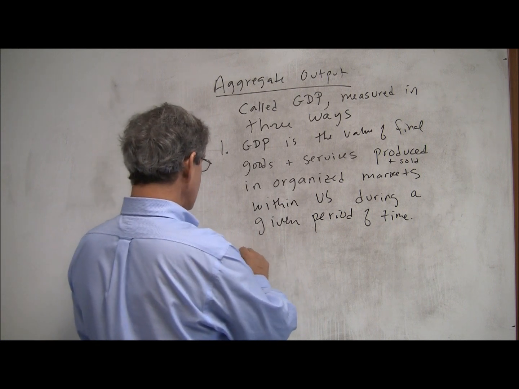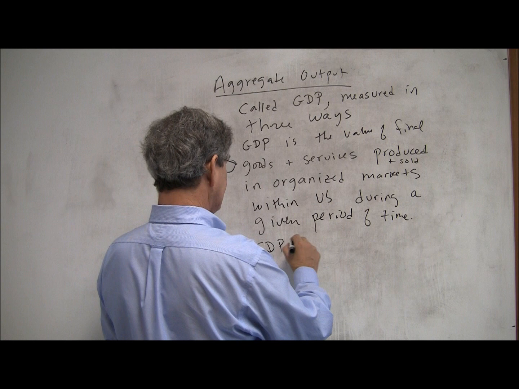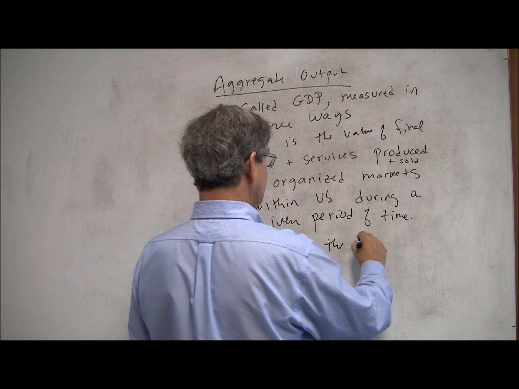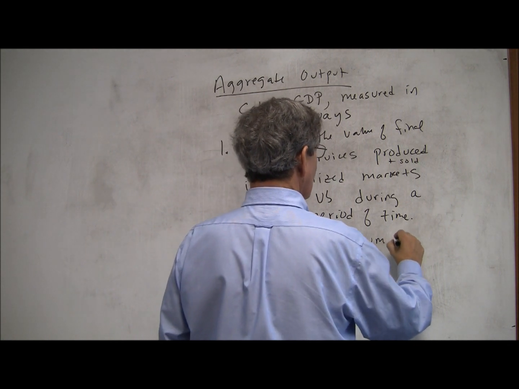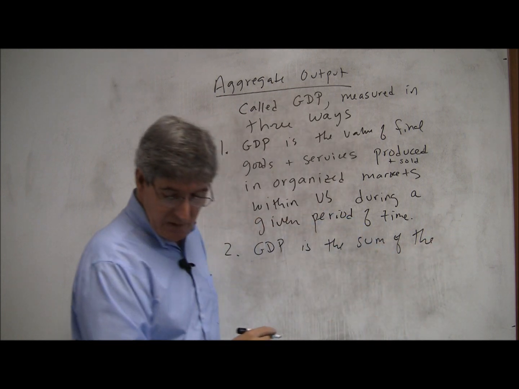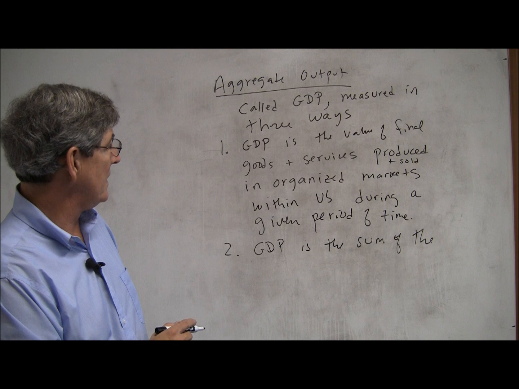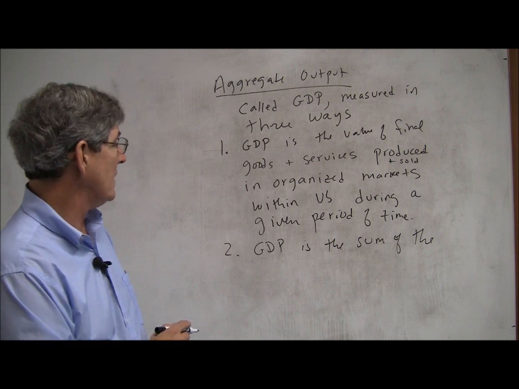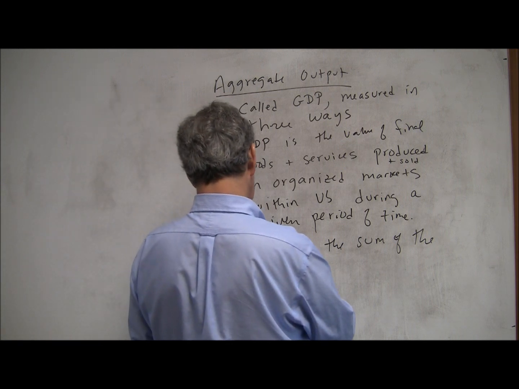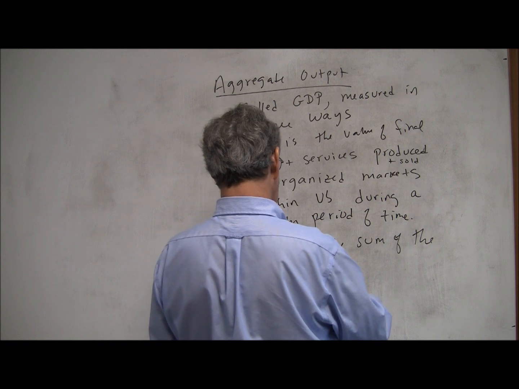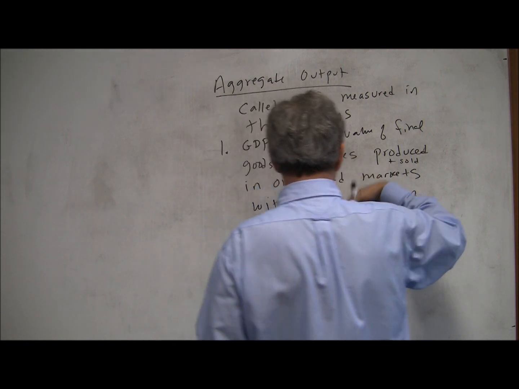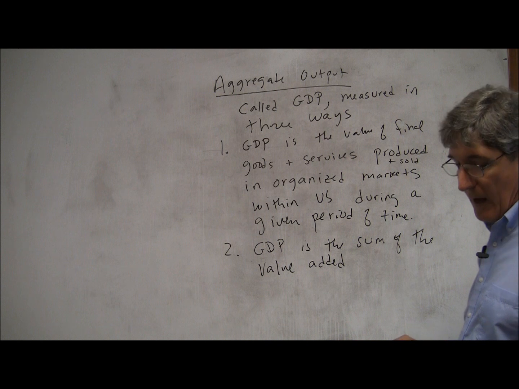The second way to do this is to say GDP is the sum of the value added, again in organized markets during a given period of time. We'll do examples of these shortly, so you can see how they work.